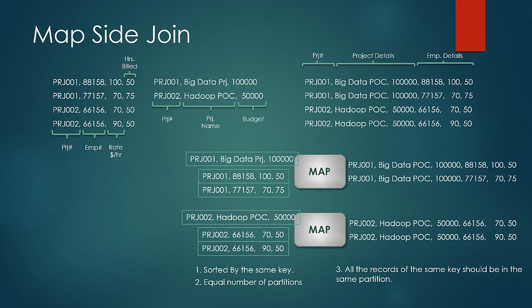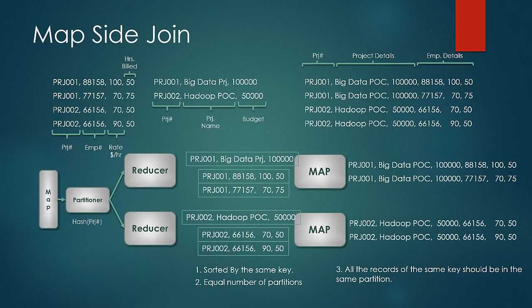Now all these seem to be very strict requirements and very difficult to attain, but they all fit the bill of the output of a MapReduce job. If both the input datasets have gone through a MapReduce job with the same key used at the time of partitioning and the number of reducers used is the same, then the output would be produced with, firstly, an equal number of partitions, secondly, each of the datasets sorted by the key, and lastly, all the records pertaining to a key present in a single partition.